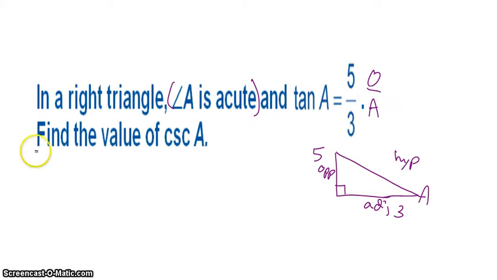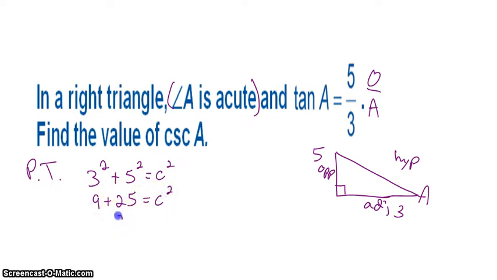So we use the Pythagorean theorem, which is a squared plus b squared equals c squared, so long as a and b are your legs. So c, or your hypotenuse, is the square root of 34. That does not simplify, so we don't have to worry about it.